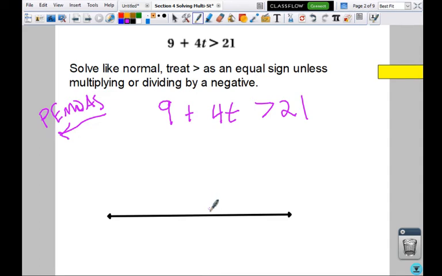Plus. Dylan, what's between the 4 and the t? Yep. So then you do the opposite and divide. We would, but we're doing PEMDAS backwards. I want to start with addition, subtraction first. So you take away, or you subtract 9. Yep. So we're going to minus 9 on both sides first.